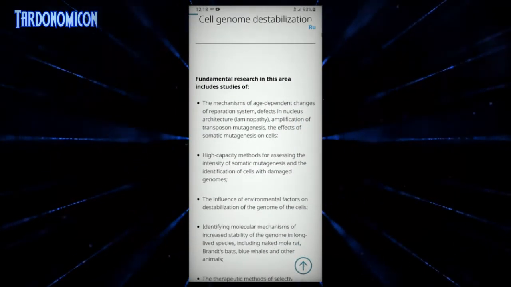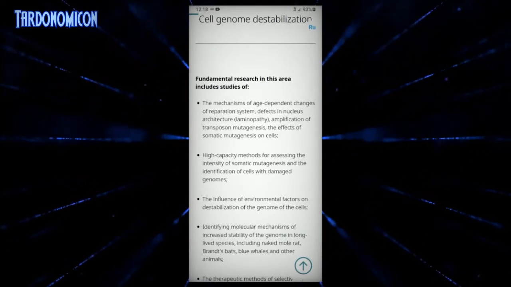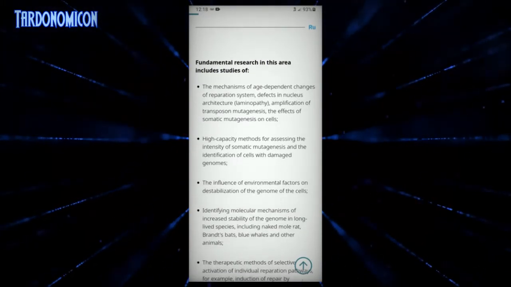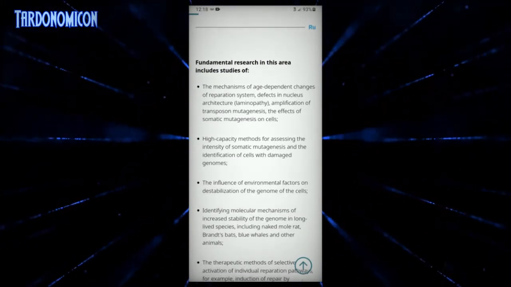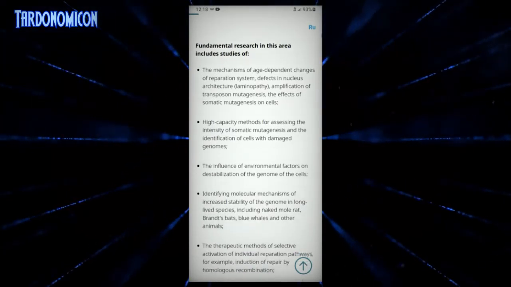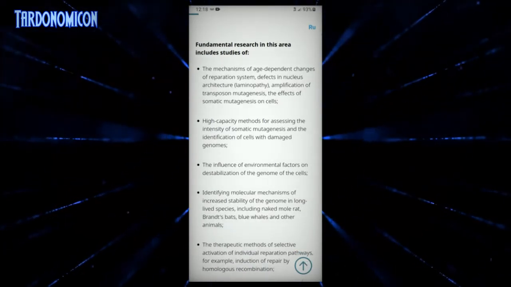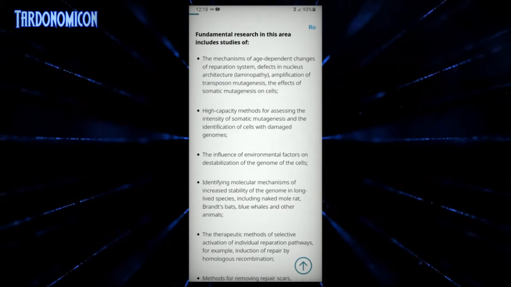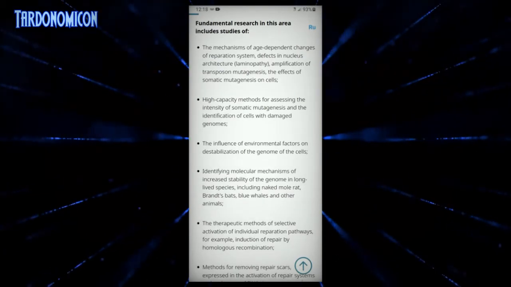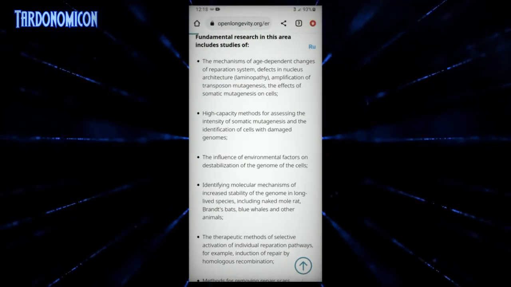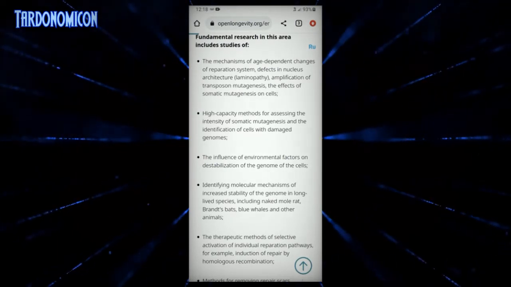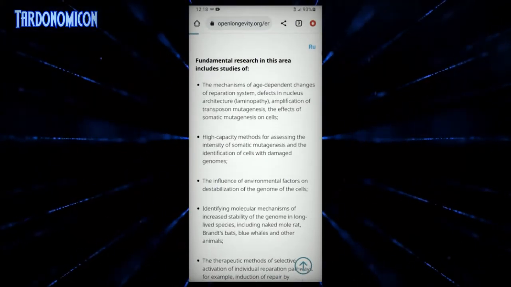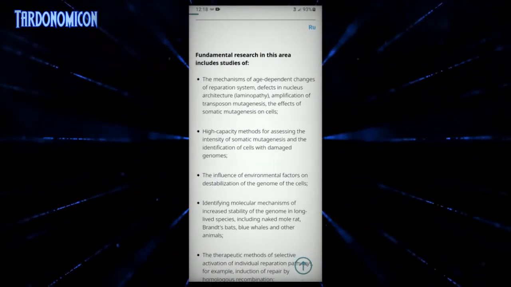Cell genome destabilization. Fundamental research in this area includes studies of the mechanisms of age-dependent changes of the reparation system, defects in nucleus architecture, amplification of transposon mutagenesis. I used to be able to say mutagenesis with a lot more ease.